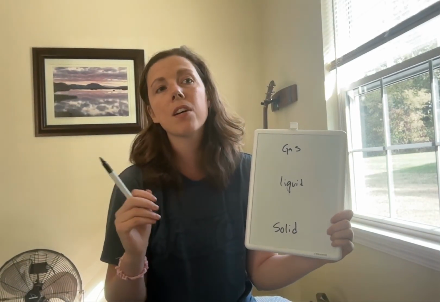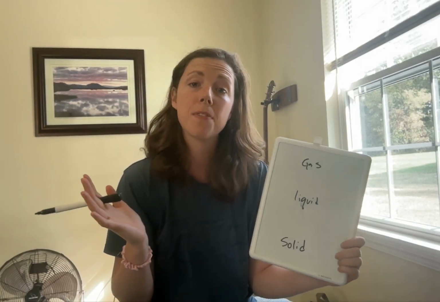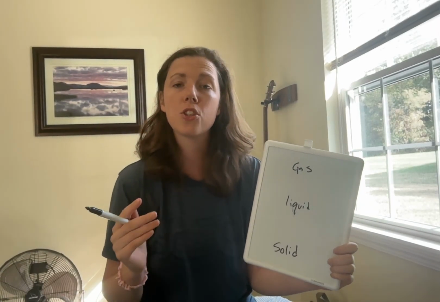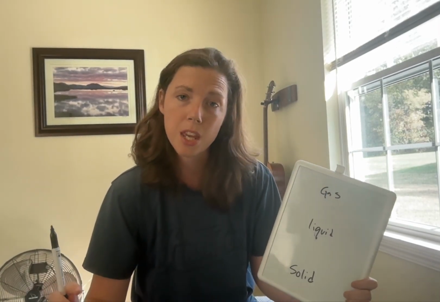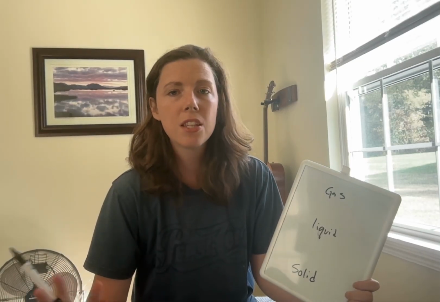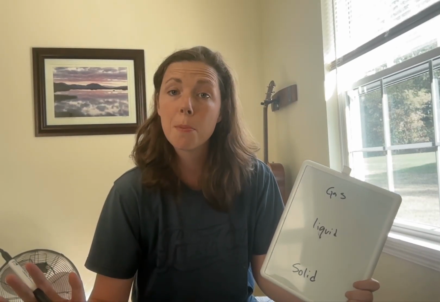Liquids have a defined volume but not a defined shape, so they will take on the shape of whatever container they're within. And then gases have neither a defined volume nor a defined shape. You can compress a gas, they will expand to fill the container they're in, so they don't have a definite shape or volume.